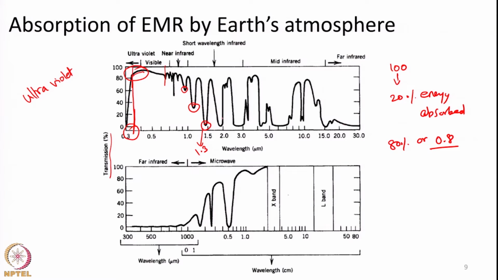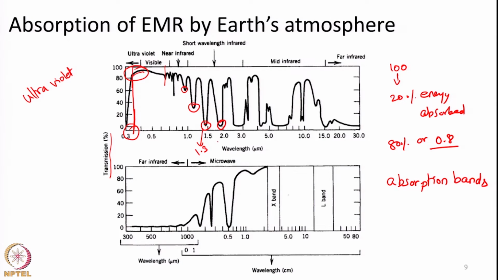Wherever atmospheric transmission is very low, we call such portions absorption bands. Around 1.3 to 1.4 micrometers, there is a very strong absorption band, where the transmission is very low or the absorption is very high. This we call an absorption band.